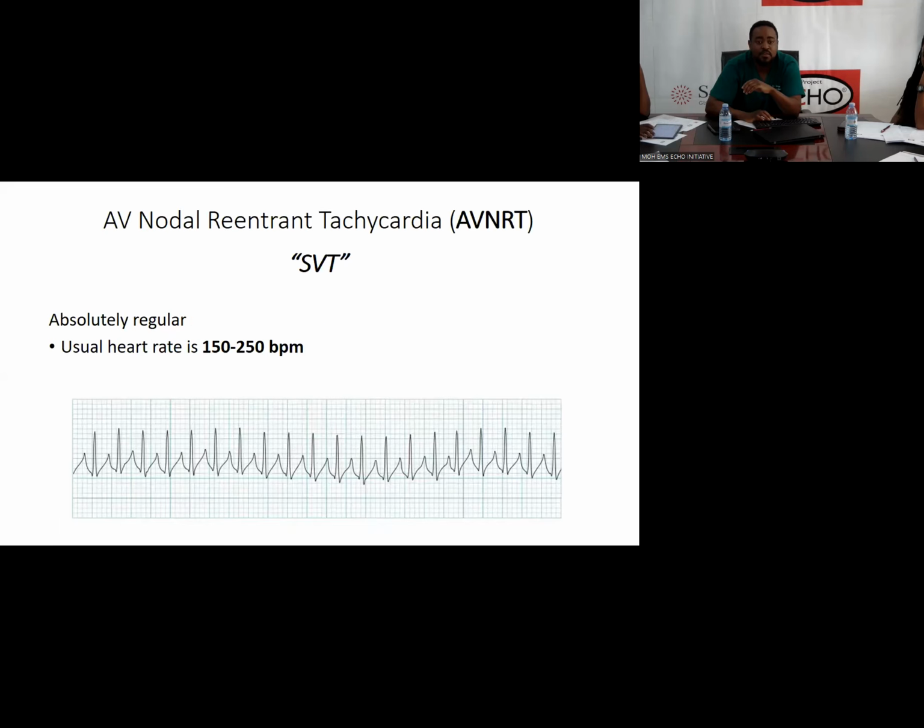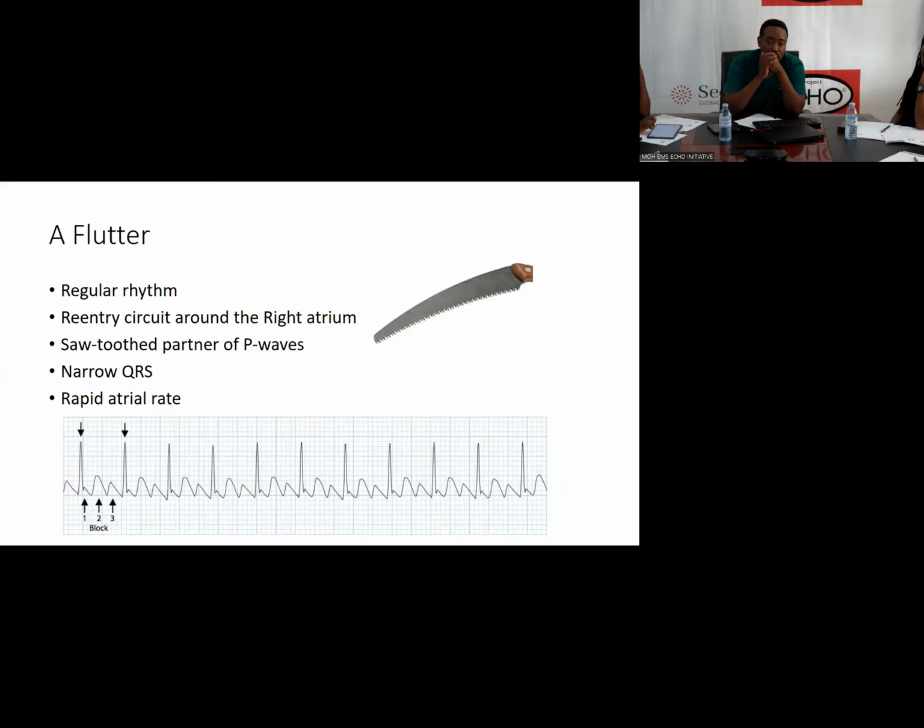Atrial flutter is also quite common and easy to recognize if it's a typical one. How we like to talk about it is that it gives a characteristic sawtooth pattern of the P wave. The reason I put this diagram of a hand saw here on the right is because this is how the sawtooth pattern appears: P waves looking like the teeth of the hand saw.